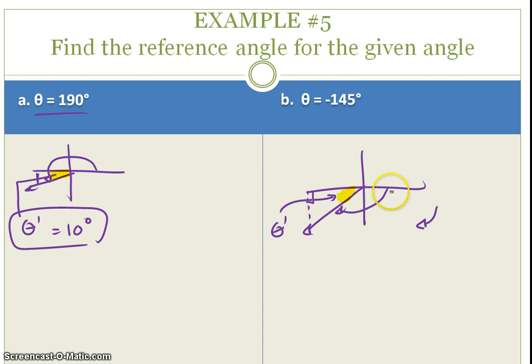If half the circle is 180 and we want 145 degrees, 180 minus 145 would be 35 degrees. So the reference angle is 35 degrees. My theta prime is 35 degrees. Remember, the reference angle is always a positive and acute angle. So we're kind of looking at the absolute value of those two.